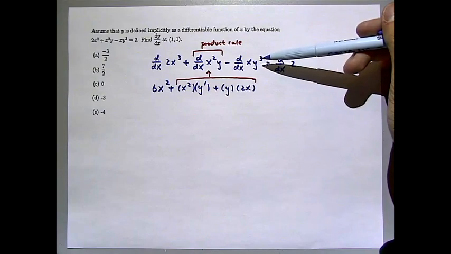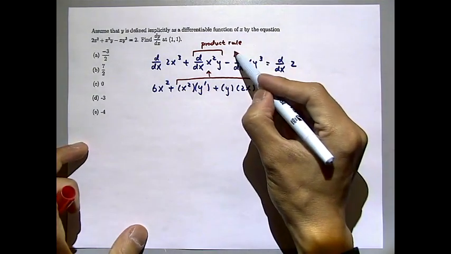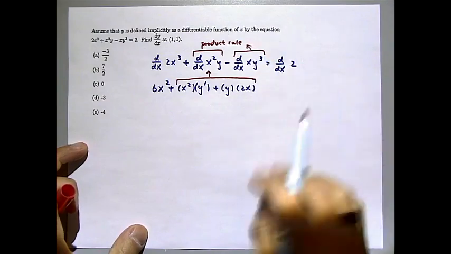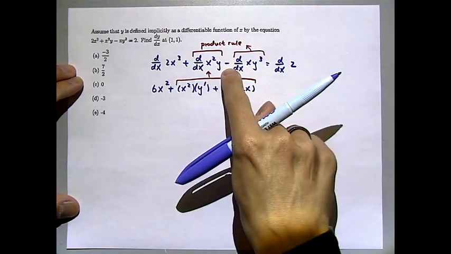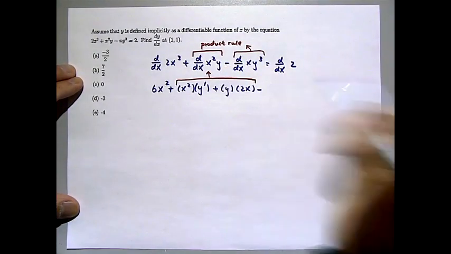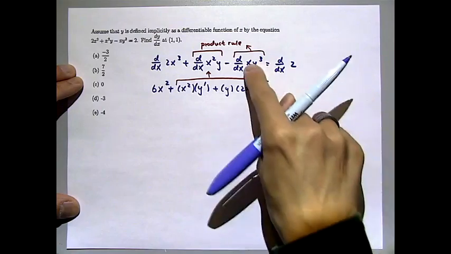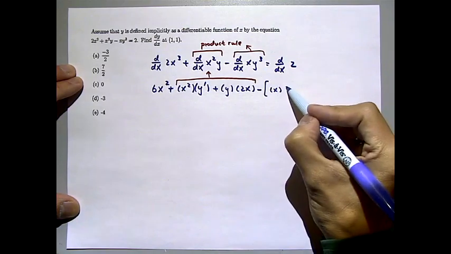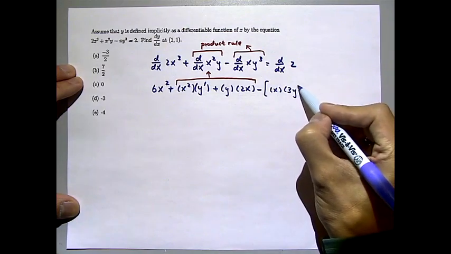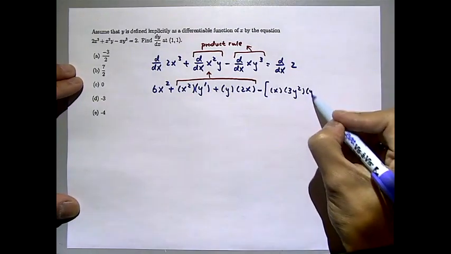Again, product rule here, x times y cubed, right? This is also another product rule situation. So one more time, watch the negative sign here. Negative of first, be careful, first times derivative of the second, 3y squared, and then by the chain rule, we have to multiply by y prime.